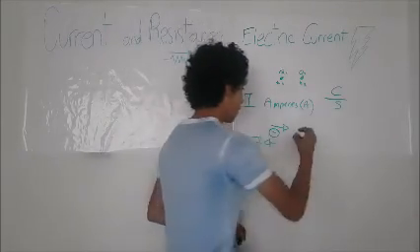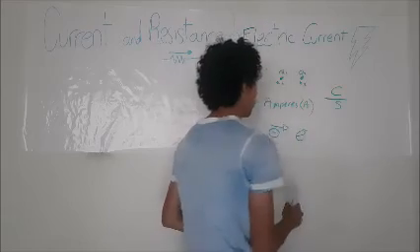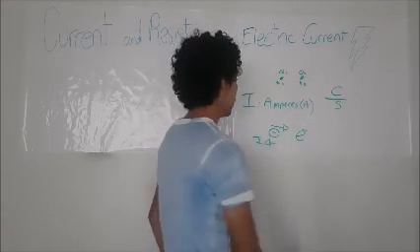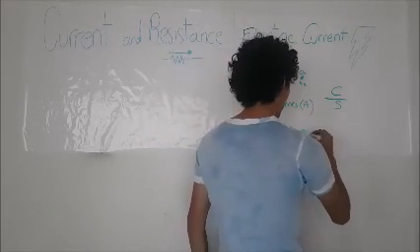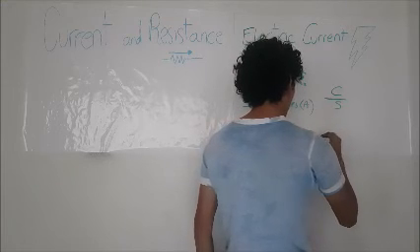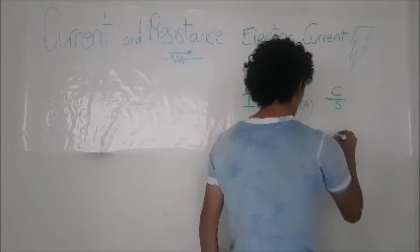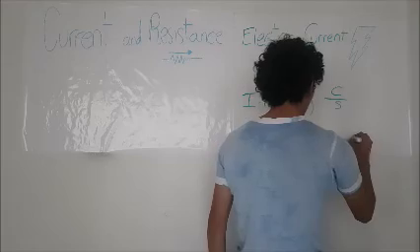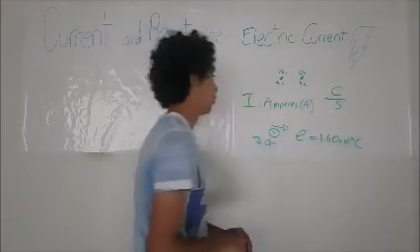Now, just a fact, the charge of an electron is negative 1.602 times 10 to the minus 19 coulombs.